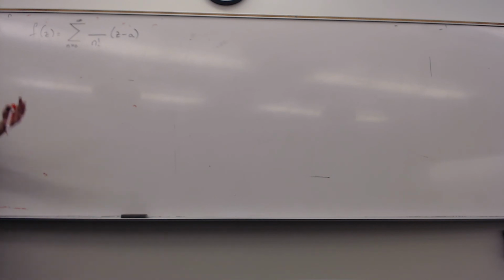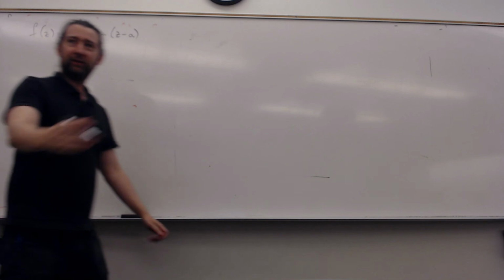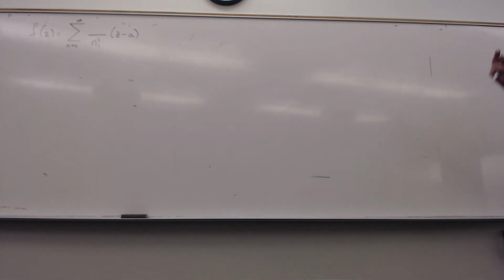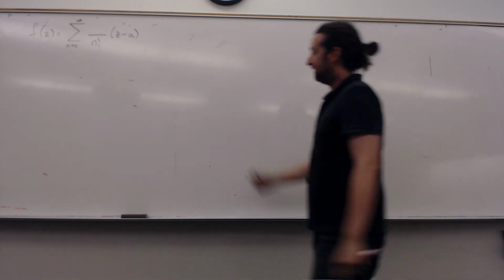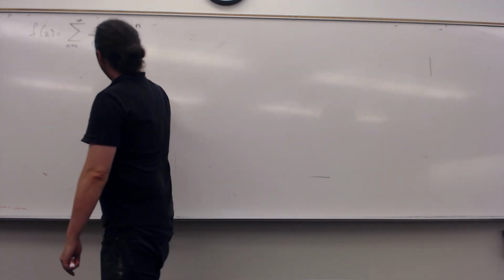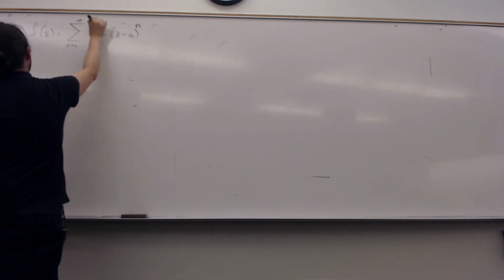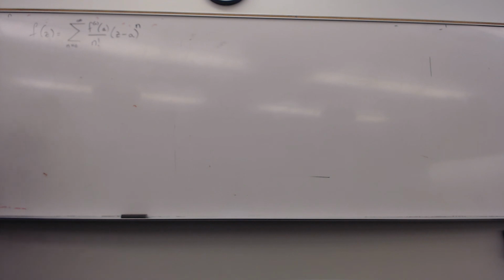This is not a Maclaurin series. Maclaurin wrote a textbook that had the Taylor series with a equals 0 plugged into it, and got a series named after him. All right, what's missing here? The nth derivative. Okay, so f^(n) at a, the nth derivative of f evaluated at a.